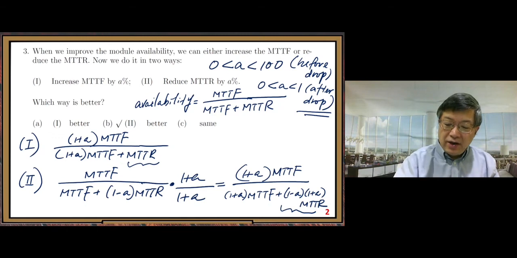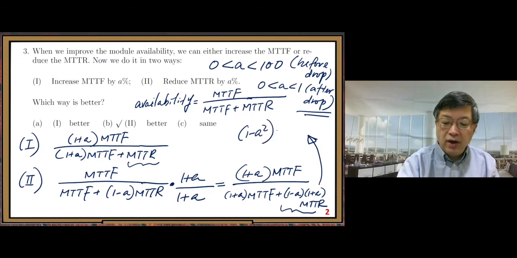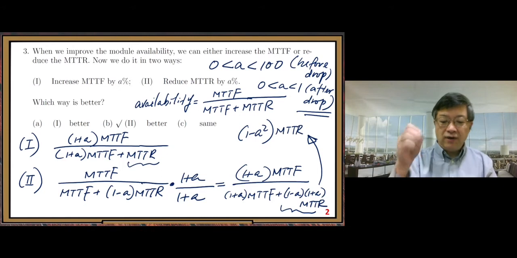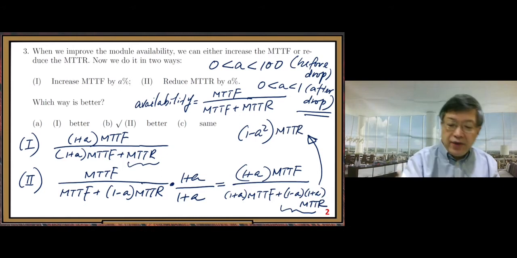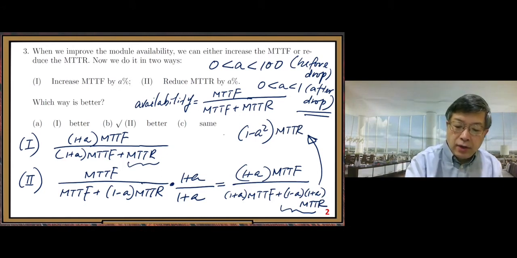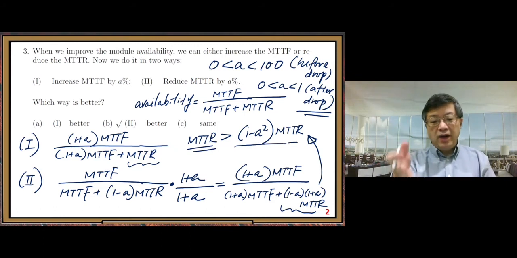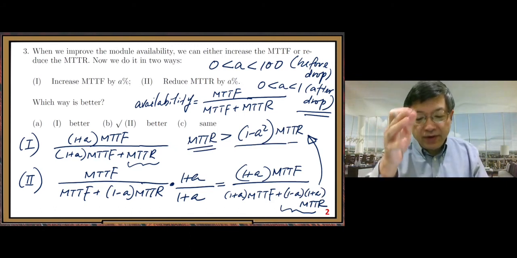This term we can simplify as 1 minus A squared times MTTR. And this number is smaller than MTTR, and MTTR is greater than this number.